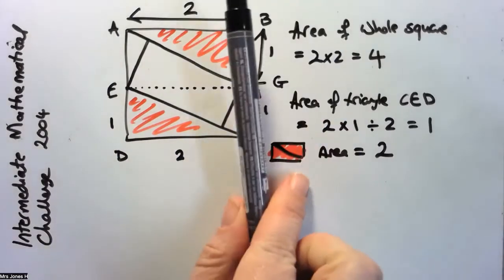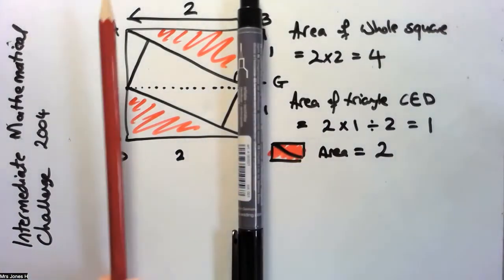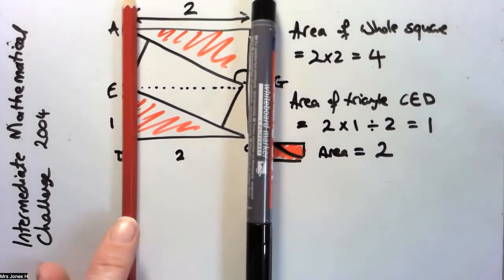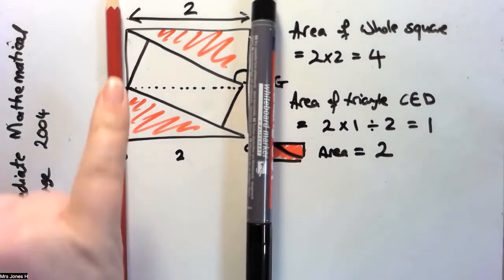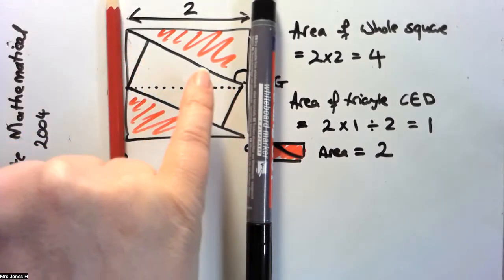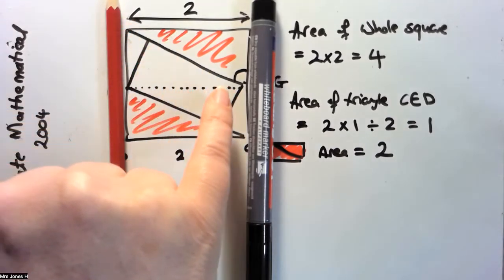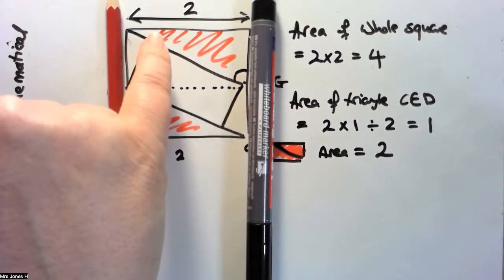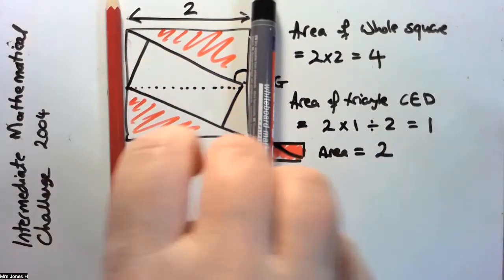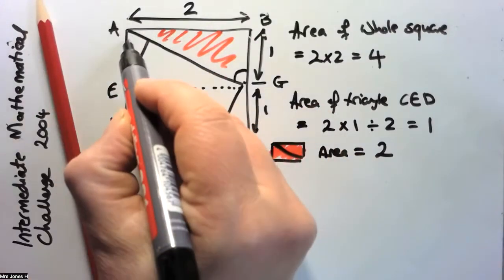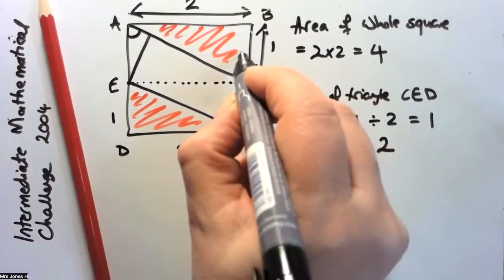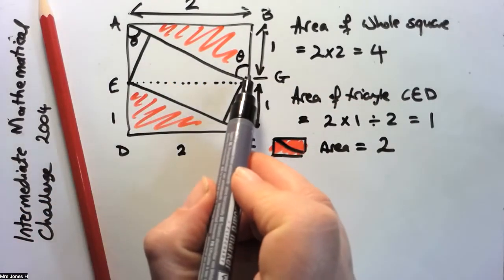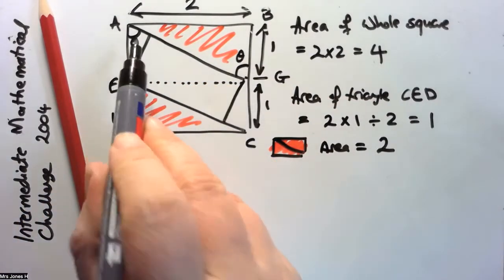So if this one here and this one here are our parallel lines, then what we've got is this transversal line here and this angle here and this angle here, sorry, this one in here. I'm going to call that theta, and I'm going to call that one theta. They're actually the same because they are alternate angles.